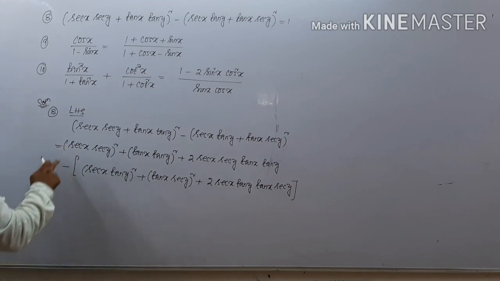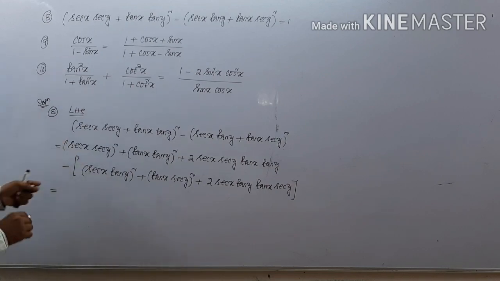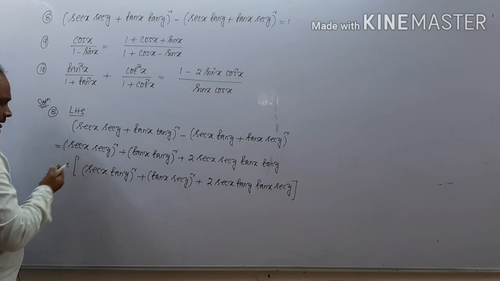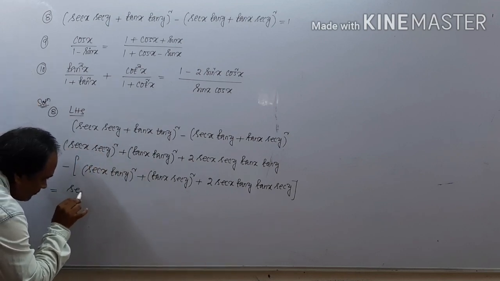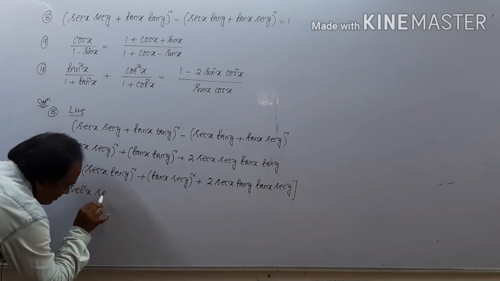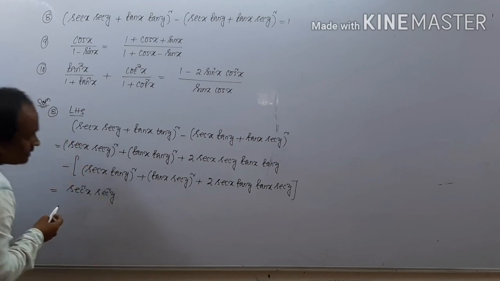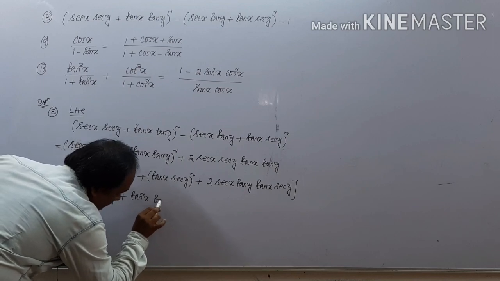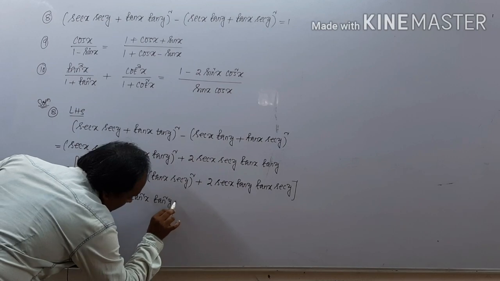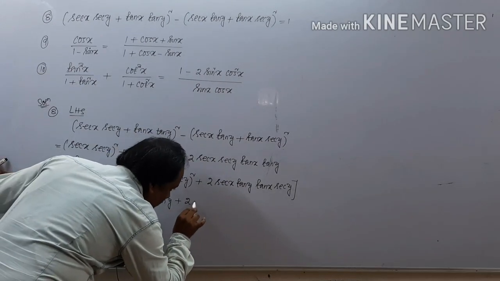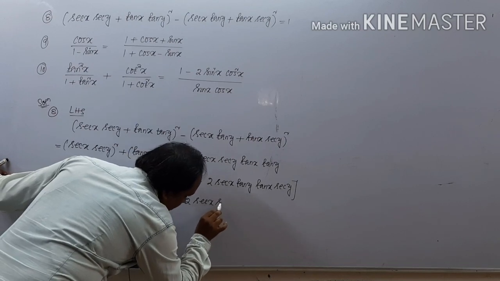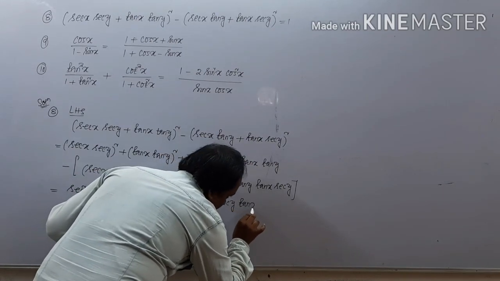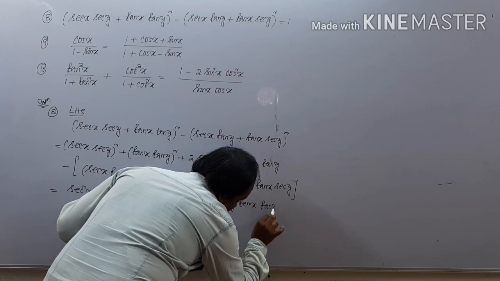So what happens, here sec x sec y whole square, that means ab whole square can be written as a square b square, that's why I can write this is sec square x sec square y, right, plus tan square x tan square y plus 2 sec x sec y tan x tan y.